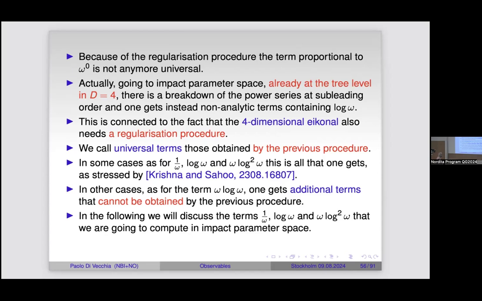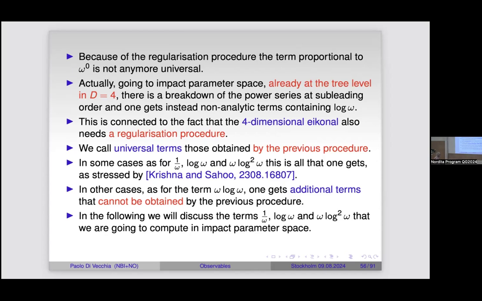And actually, in 4 dimensions, also the eikonal you have to regularize. And so the universal terms are not anymore 1 over omega, omega to the 0 and omega to the 1, but become 1 over omega, log omega, and omega log omega squared. And this is all one gets according to this paper.